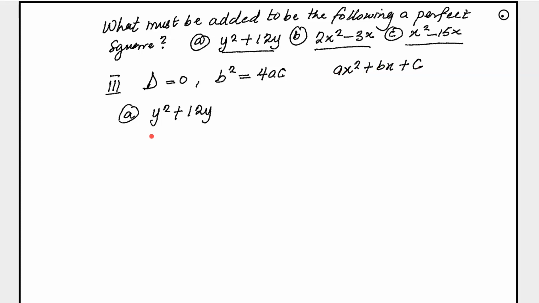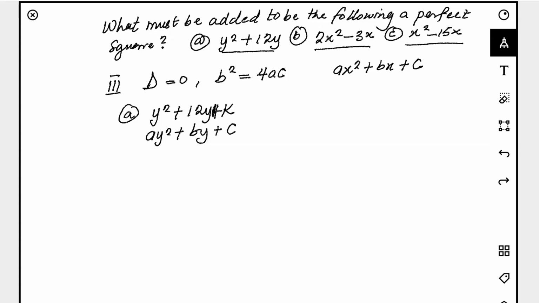So here, I can compare ay squared plus by plus c. But you can see there's no constant here. So let's say k. So what must be added to make this a perfect square? Let's say it is plus k, for example. Okay? So I'm saying k.